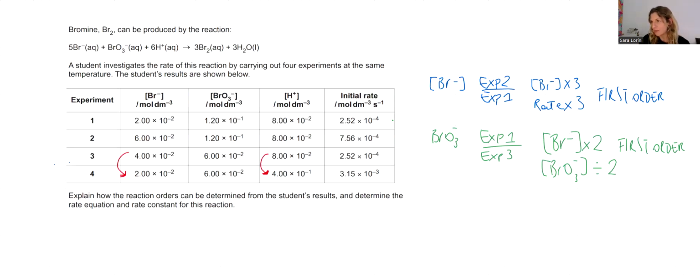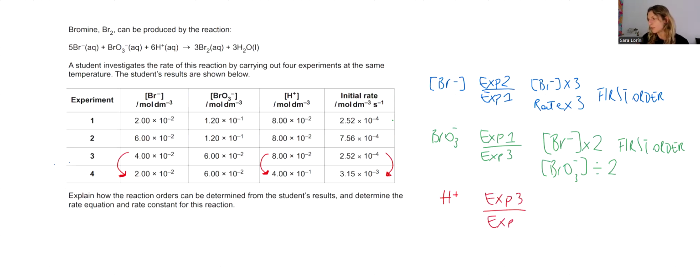Now, do you remember what I did in terms of off the table? Let's do the same. So we know that also the bromide changes together with the hydrogen, which means that the rate in experiment 4, I'm going to start writing things down. To calculate the order of H plus, I'm going to compare experiment 3 and experiment 4.